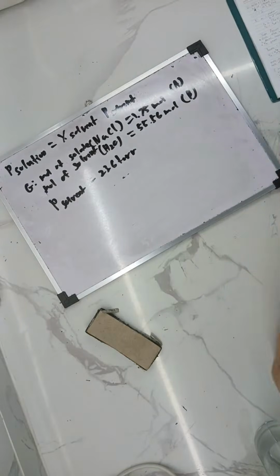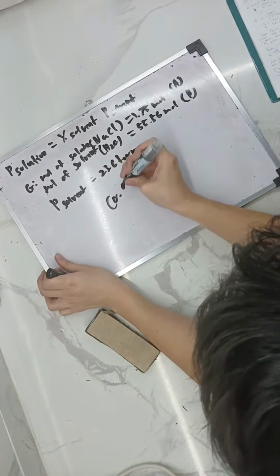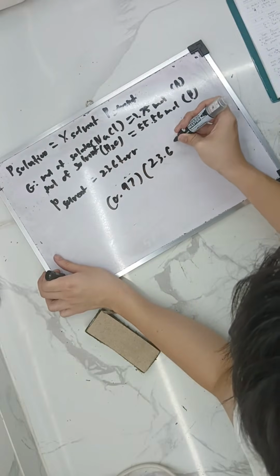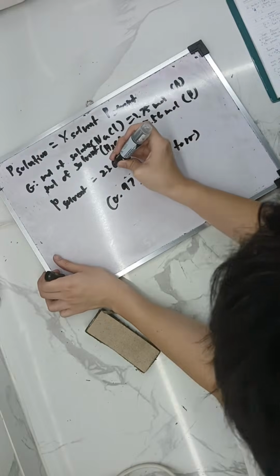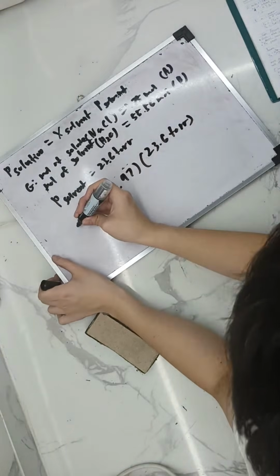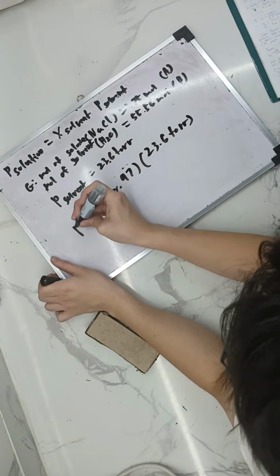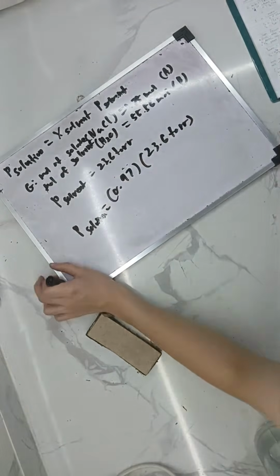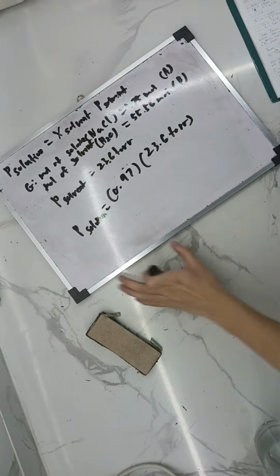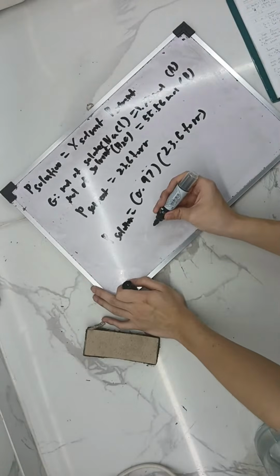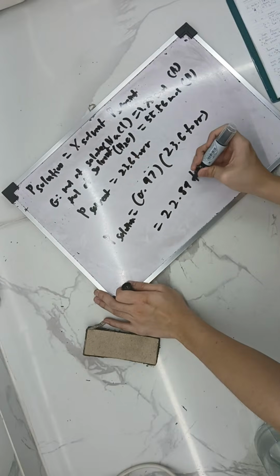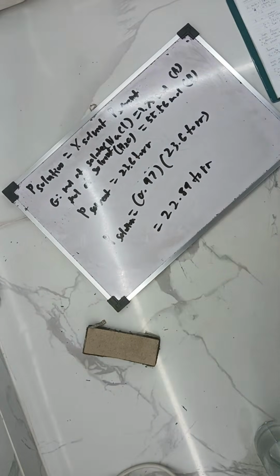So you're literally just going to do 0.97 times 23.6 torr. This is what your P of the solution equals. So your vapor pressure of the solution is equal to 22.89 torr. And that's literally it.